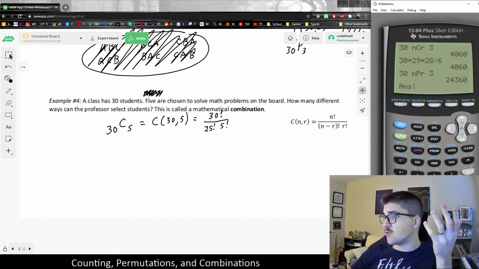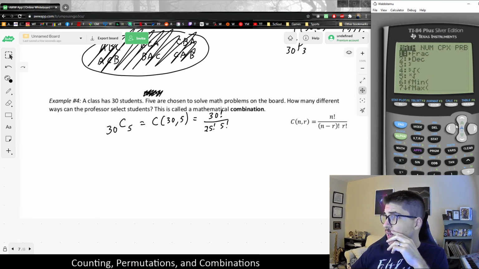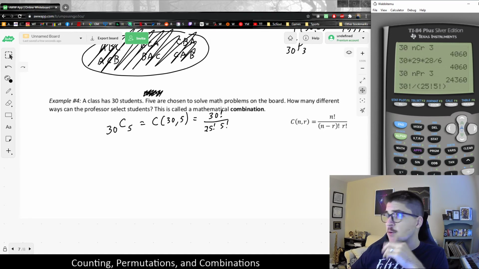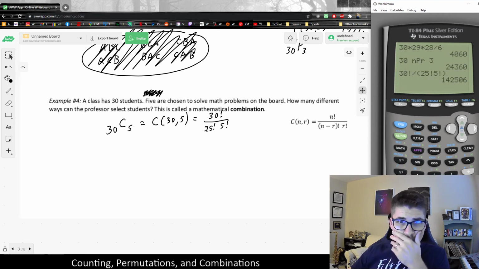I could always do 30 factorial, and this is probably the most annoying way to do it, divided by, make sure you're using parentheses for the denominator, 25 factorial times 5 factorial, and apparently there will be 142,000 ways to select students, a pretty staggering number.